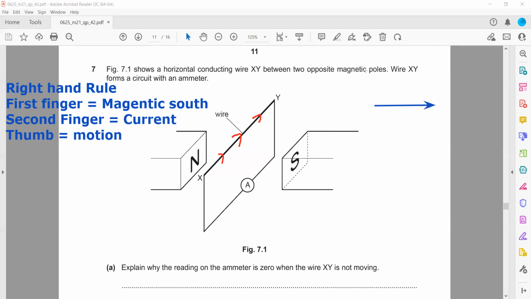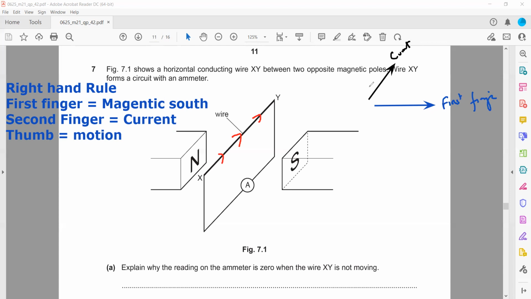Your second finger should point in the direction of the current. You can see the current is pointing into the page, so your second finger points into the page. The index finger points in the direction of the magnetic field.